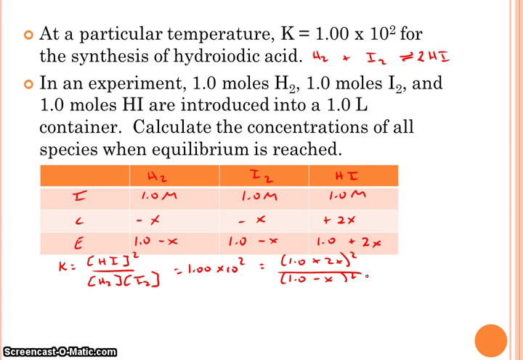Now, we could make that a really hard algebra problem, but what we also could do is if we take the square root of both sides, that will make our problem a little bit easier.